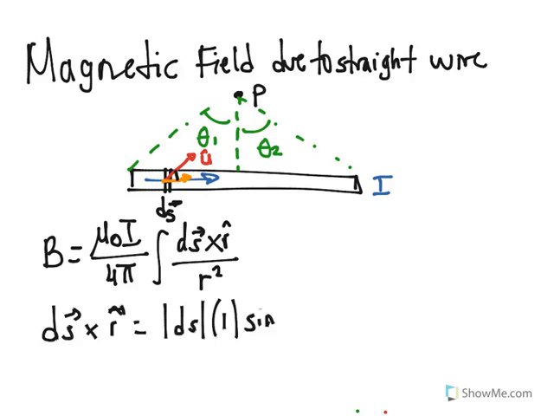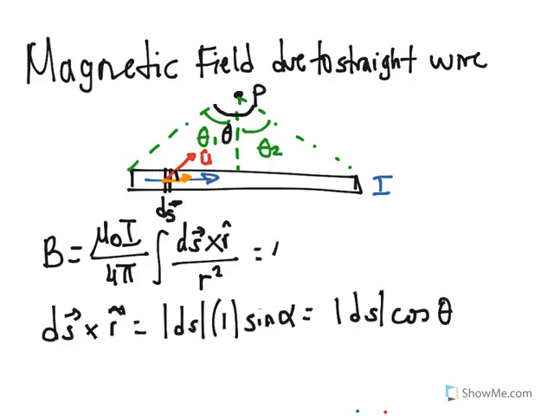So it's a sine of, for instance, alpha, which is complementary to theta 1. Or we can state that this is ds times the cosine of the angle theta. Theta 1 is the lower limit in the integral, theta 2 is the upper limit in the integral. We're taking a generic angle theta here. So that's the cross product ds cross r.